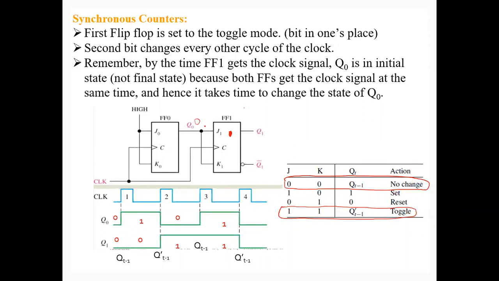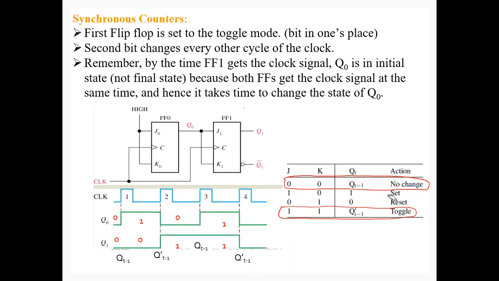If Q is 0, then there is no change, hold. If Q is 1, then J and K are both 1, so it is a toggle. So this guy is just toggle, and this guy is toggle or hold, T or H. These are two modes.